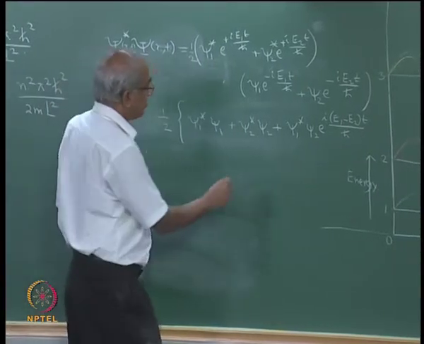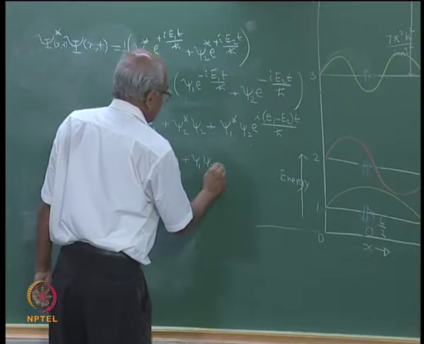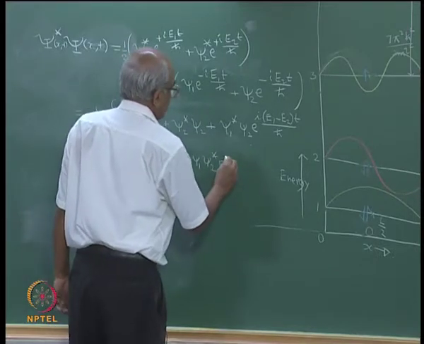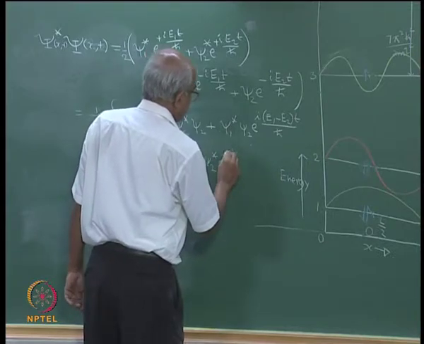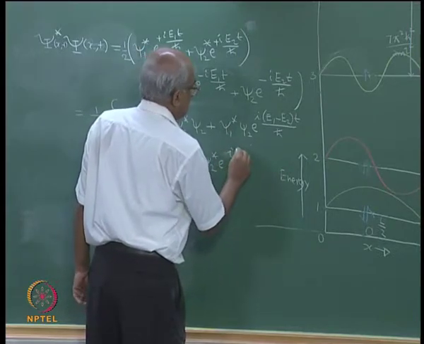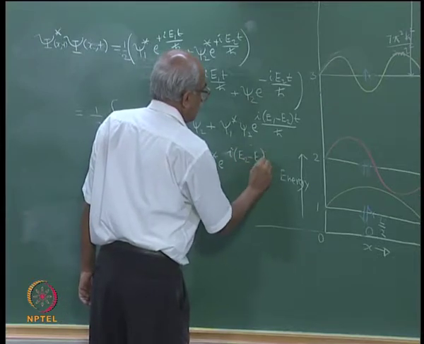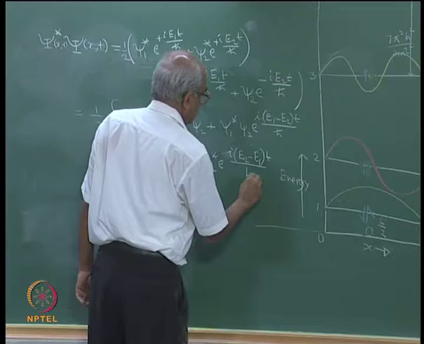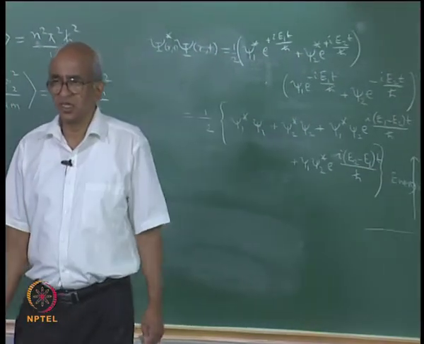And you are going to get one more term. What would that be? You are going to get psi 1 psi 2 star e to the power of minus, oh, maybe I will write it like this, right? This is the fourth term that you will get.